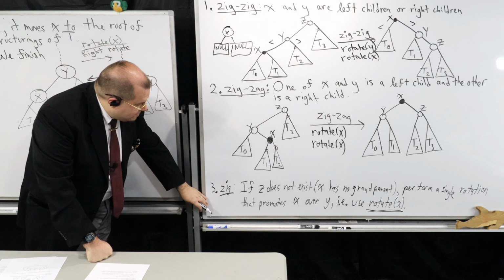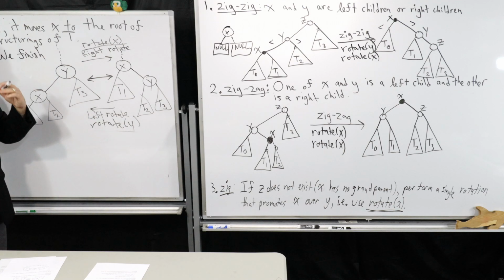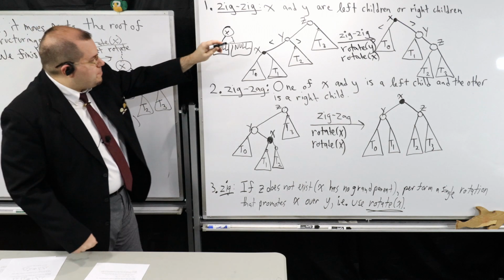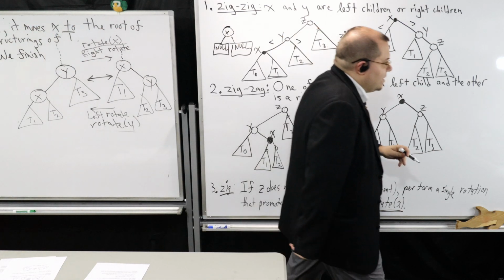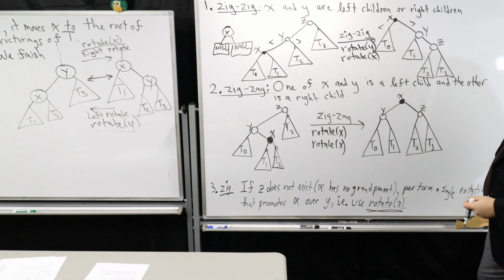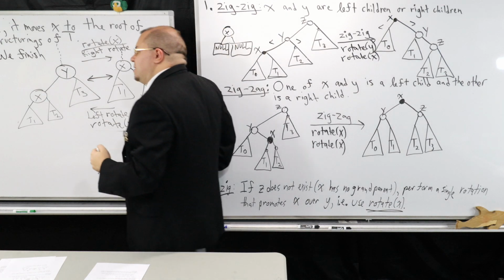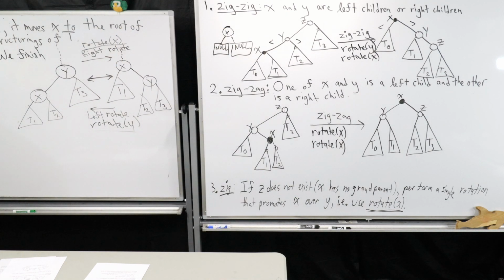Now the third case is the zig case. Based on how the tree is structured, there might be a possibility that Z, this grandparent of X, doesn't actually exist. That means that Y is the root of the tree. So you might have to do a single rotation to get X up to that root. I drew you a picture over here. That's really what this is.